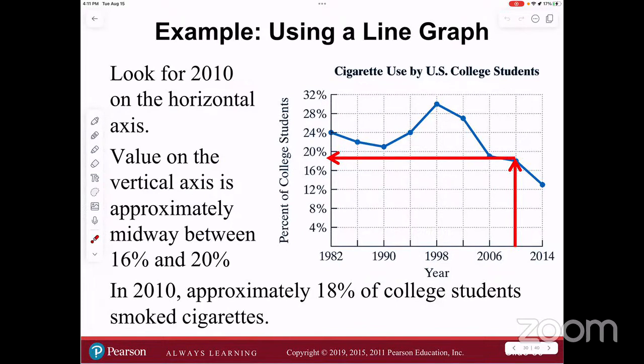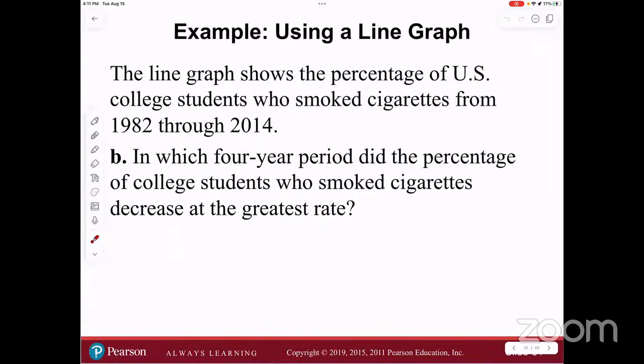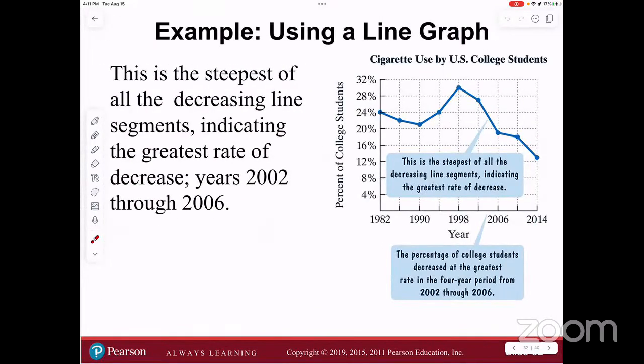It looks like 2002 to 2006. This is again just an approximation, we're just eyeballing it. This is the steepest of all the decreasing line segments, indicating the greatest rate of decrease, in the years 2002 through 2006.